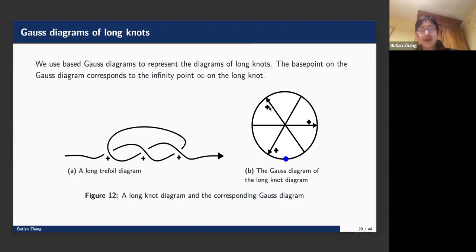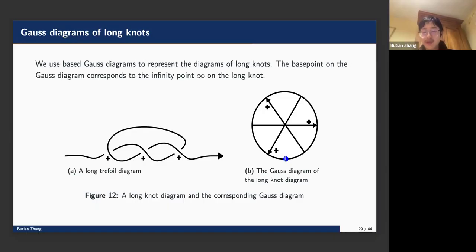The arrows of the Gauss diagram represent the crossings of the diagram. Here we use the foot of the arrow to represent the undercrossing, and the head of the arrow to represent the overcrossing. The sign of the arrow is exactly the sign of the crossing. For example, if we go from left to right along the long trivial diagram, we come to the first crossing at the undercrossing.